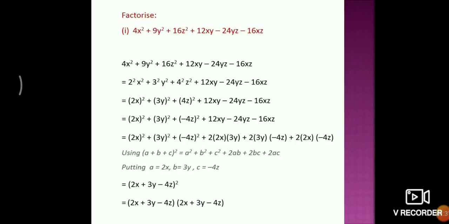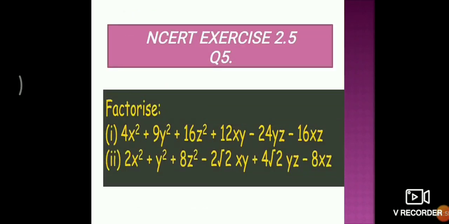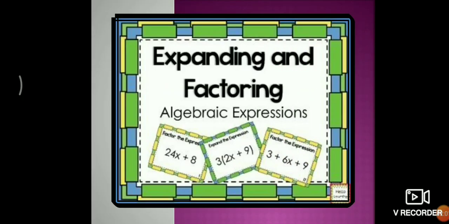I can see that this resembles (a plus b plus c) whole square, which is equal to a square plus b square plus c square plus twice ab plus twice bc plus twice ac. Now, 4x square can be written as 2 square x square. Likewise, 9y square can be written as 3 square y square, and 16z square can be written as 4 square z square.